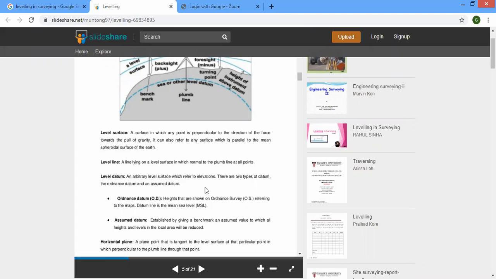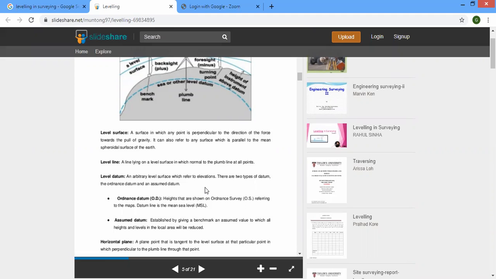So in the remaining area you may get 102 meters or 101 meters or 97 meters, right? If you get 97 meters, that point is 3 meters below the assumed datum. If you get 102 meters, that point is 2 meters above the assumed datum. Assumed datum is nothing but the benchmark which we establish.